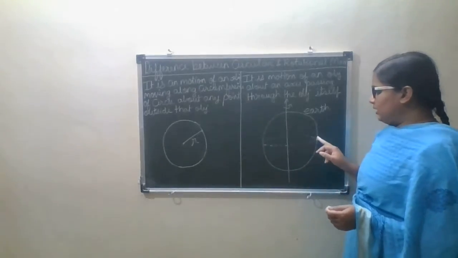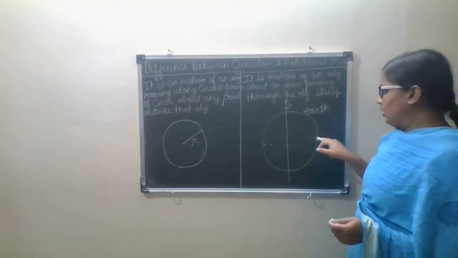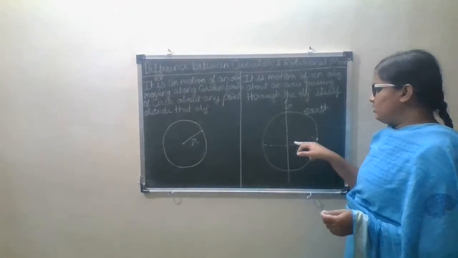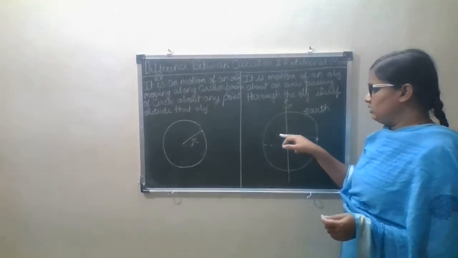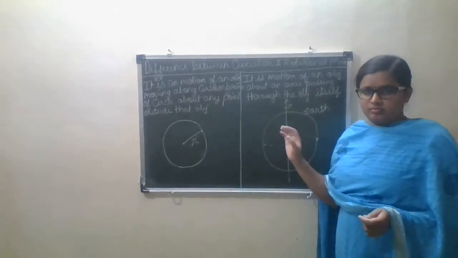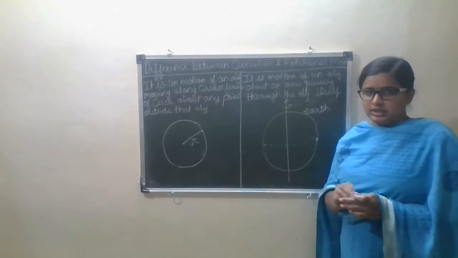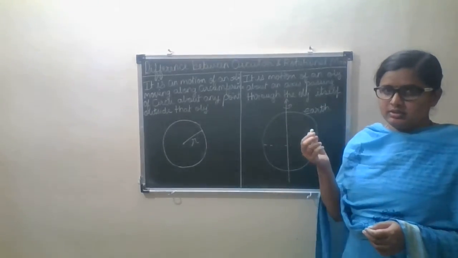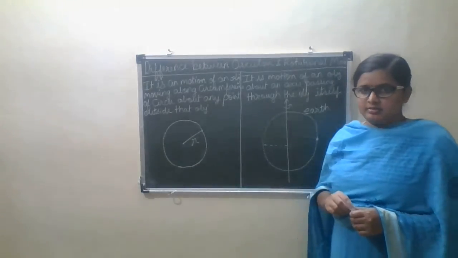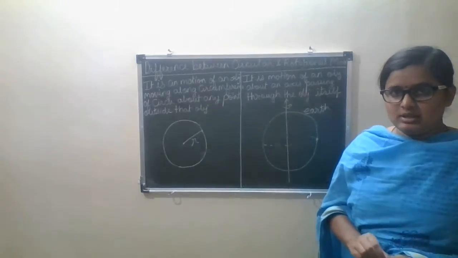And suppose a particle inside the earth revolves like this, it is performing circular motion, but as a whole the body is performing a rotational motion. This axis is there and the particle is rotating about the axis. This is the difference between rotational motion and circular motion.